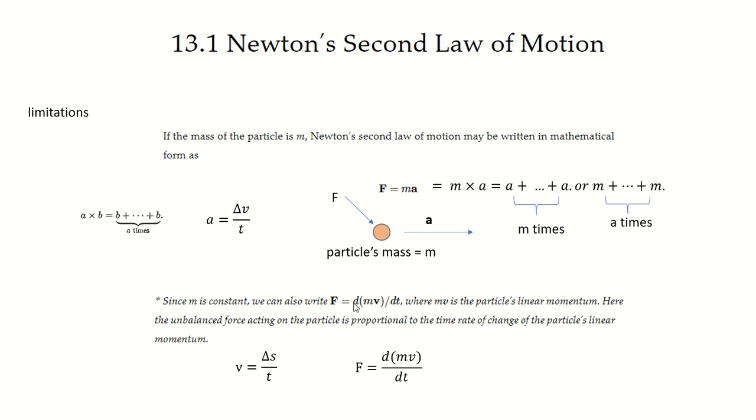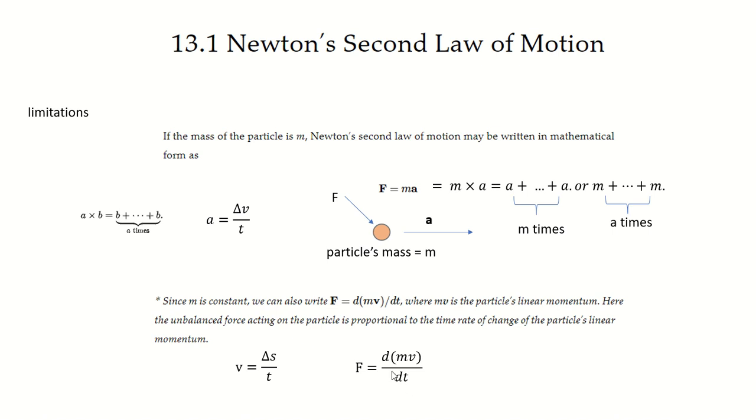Okay, so you're gonna have a delta mv divided by delta t. Okay, so d(mv)/dt. So now we have force, the same thing, but in terms of velocity or momentum, and change in time.